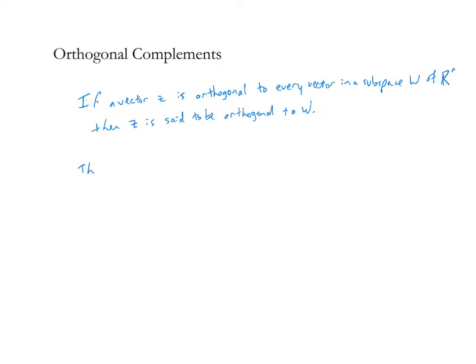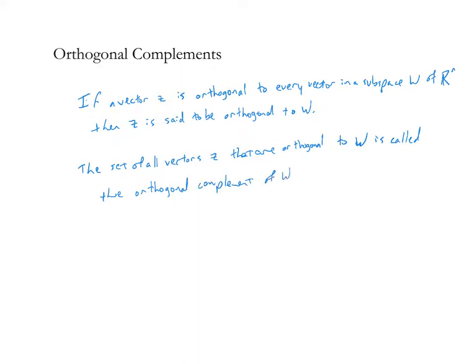Okay, then the set of all vectors z that are orthogonal to W is called, here's the term that we'll use, the orthogonal complement of W. And it's written W with a superscript of a perpendicular symbol, and we say it out loud, one way to say it is the orthogonal complement of W. Another way to say it out loud is W perp.